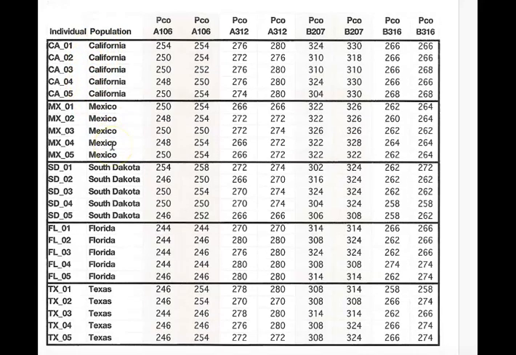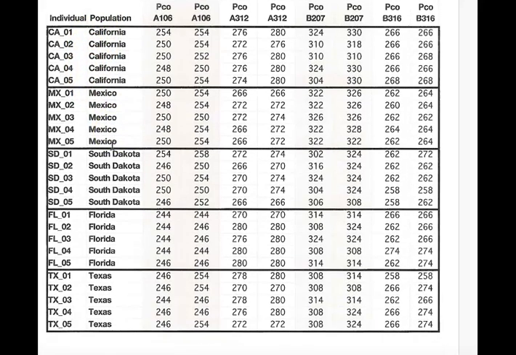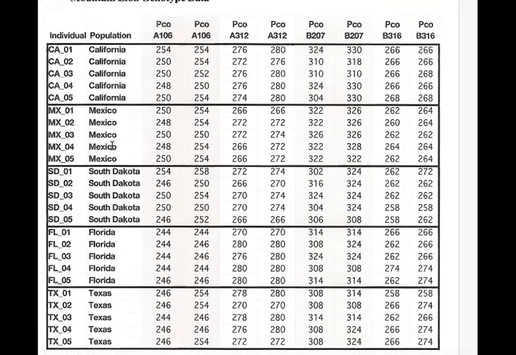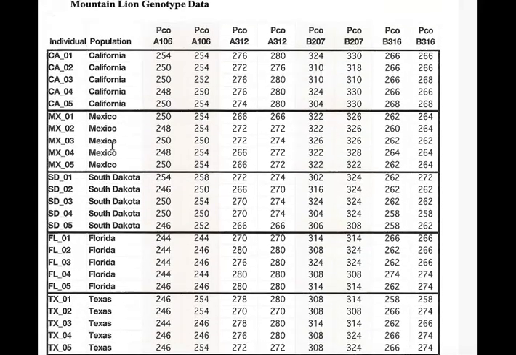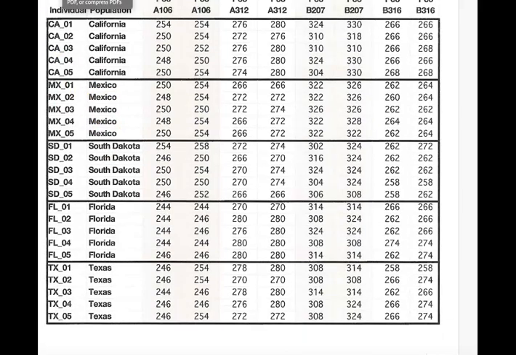You've got 5 members from California, 5 members from Mexico, 5 members from South Dakota, Florida, and Texas. And you can see their markers. So I want you to take a moment and see if you notice anything. Okay, so you really have to know what to focus on.